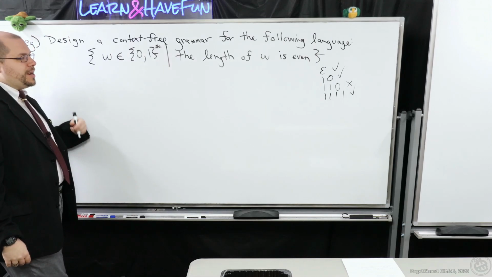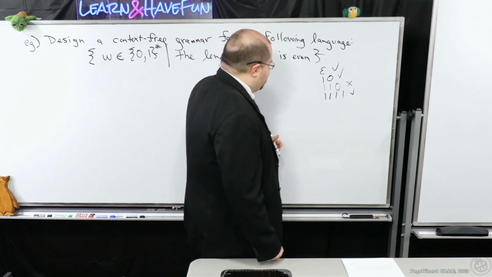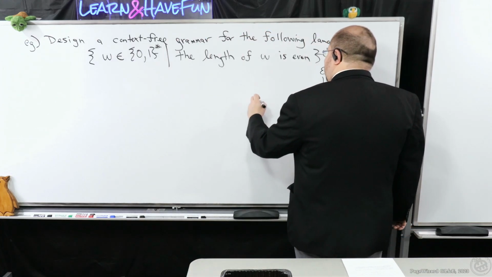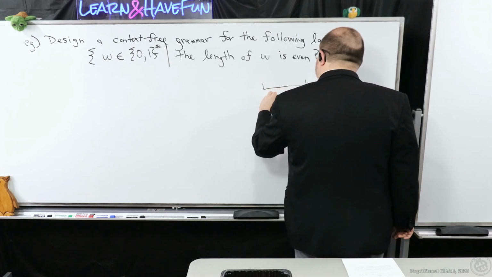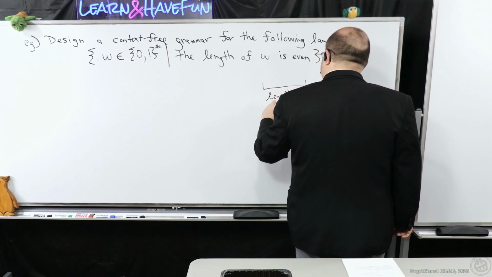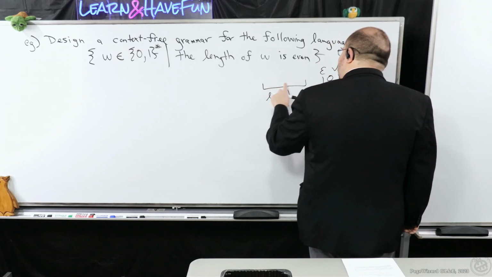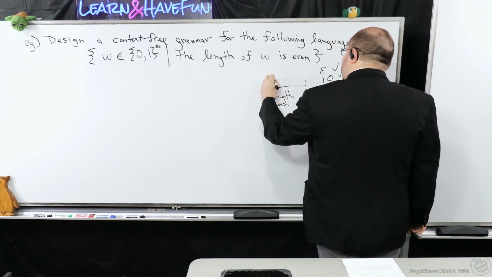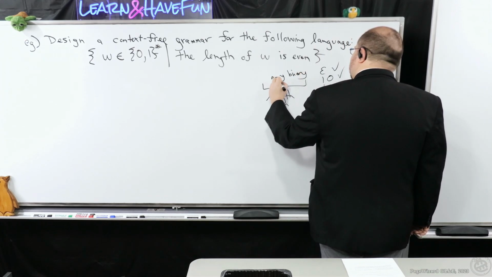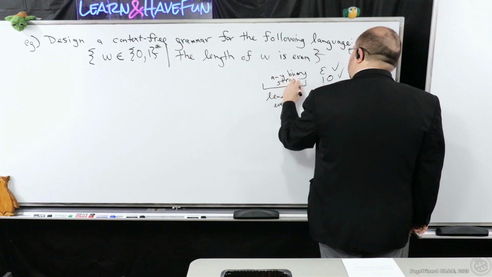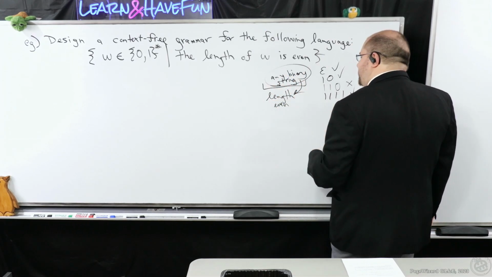So if I want to generate any string of this language, think about it like this: its length is always going to have to be even. I want to take the idea of having any binary string, and restrict it so that its length is even.